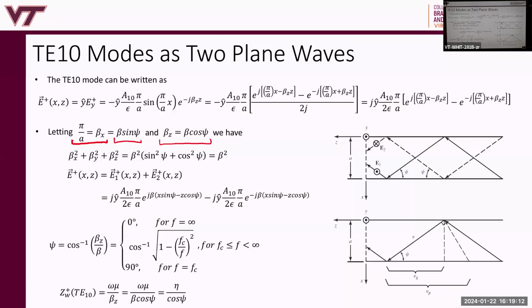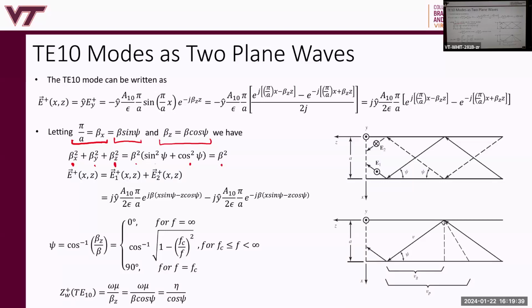Then we can write beta_x squared plus beta_y squared plus beta_z squared is equal to beta squared times sine squared of psi, which is beta_x squared, and beta squared times cosine squared of psi, which is beta_z squared. And what is beta_y for this mode? Zero, right? There's no variation in the vertical direction. All right, good. So that's equal to beta squared.